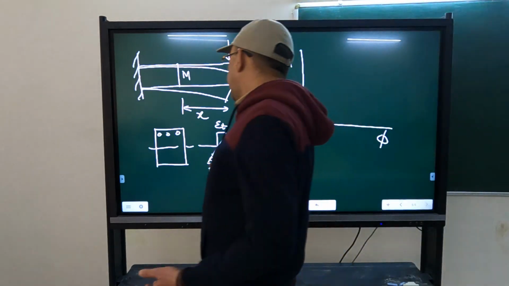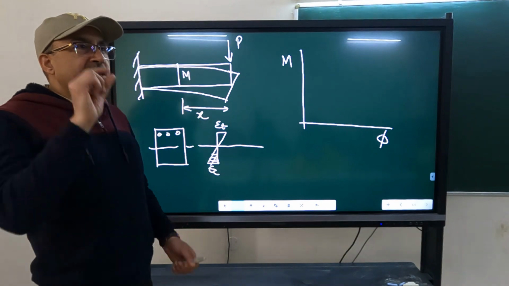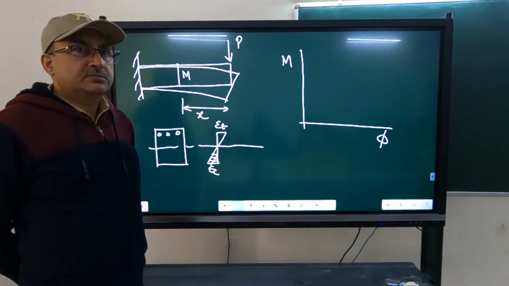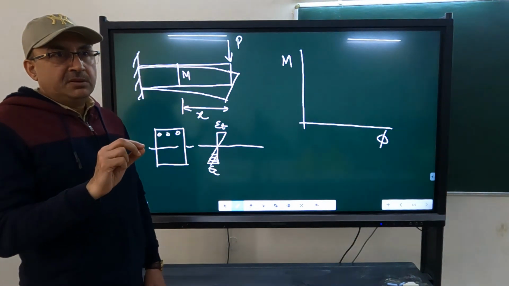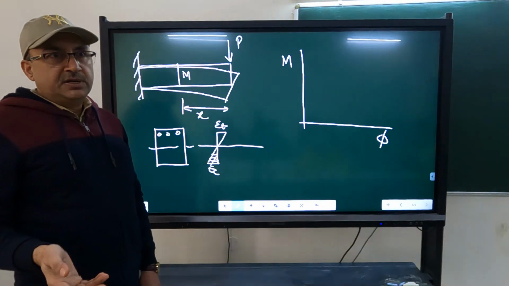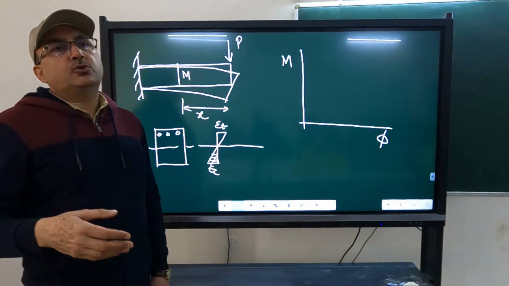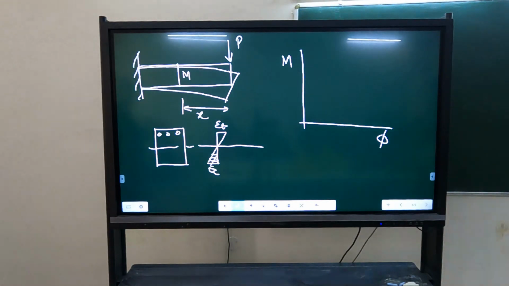So how can I get it? I will apply P. Initially the P will be small. Then I will gradually go on increasing P. When I go on increasing P, the moment will go on increasing, and as a result, phi will also go on increasing. The curvature will also go on increasing. We have to plot their variation. How can we do it?